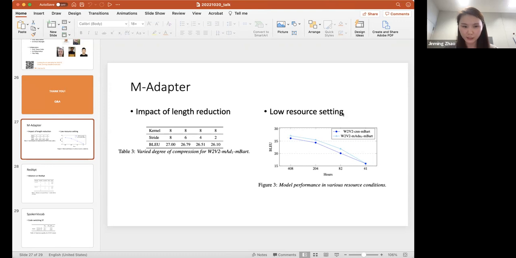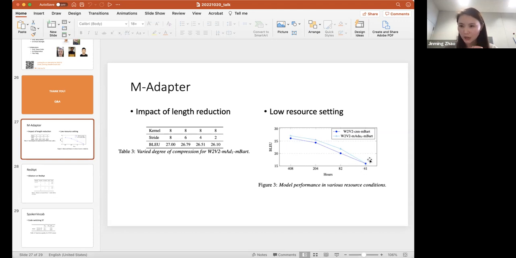So in the Adaptor paper, we change the resource conditions from high to low. So this is the highest resource condition, and this is the lowest. From this to this point, we can see that our system performs better than the baseline model. However, in the low resource condition, our system has the same performance as the baseline model.